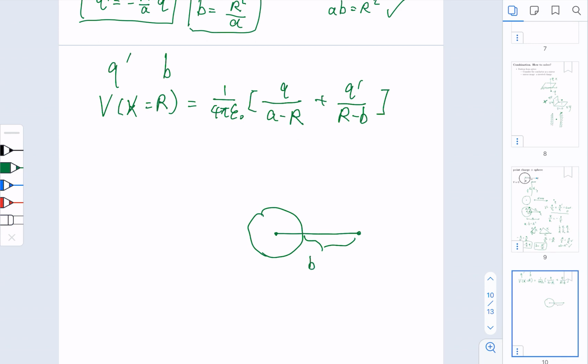So this is A minus R, and in between this is R minus B. The second term is the potential due to the imaginary charge, and the second possibility is that we can try to find the potential at negative R, which is similar.